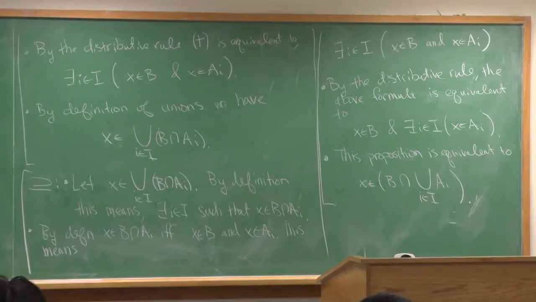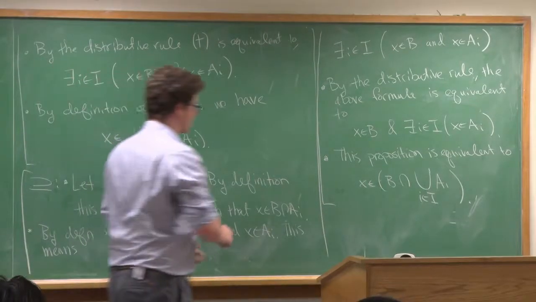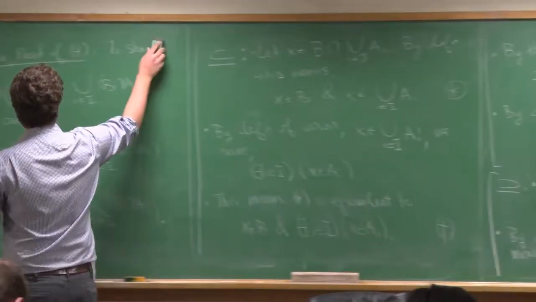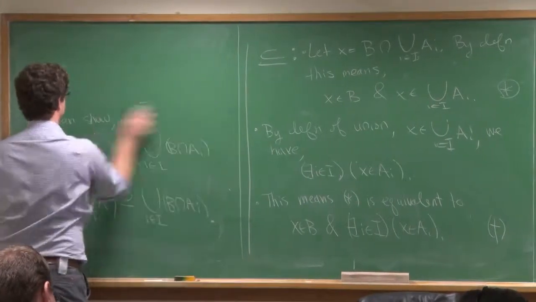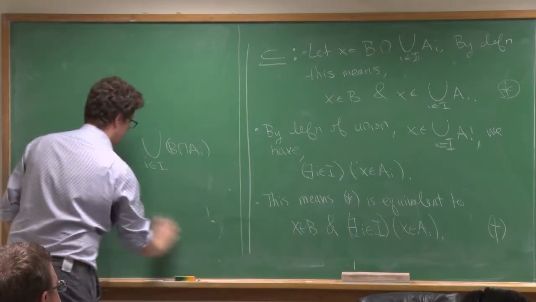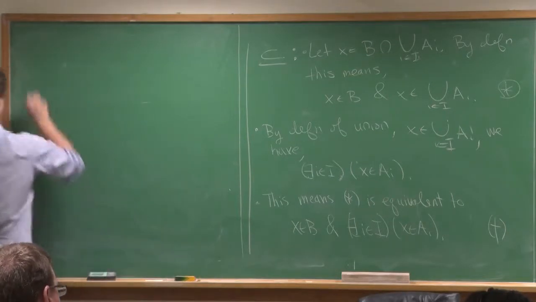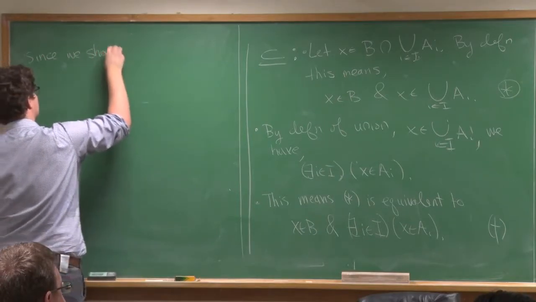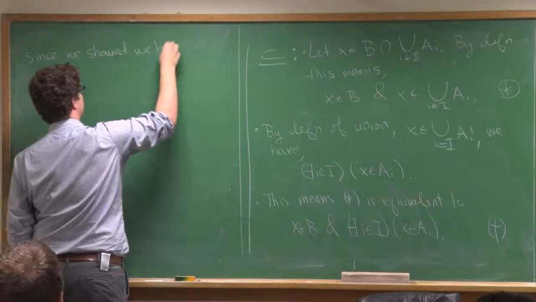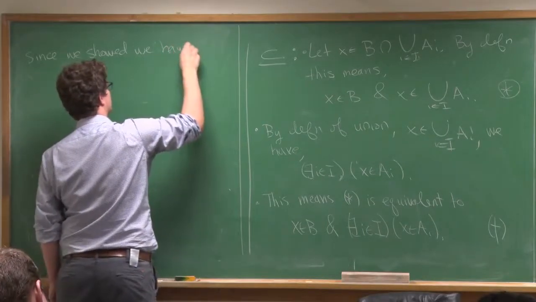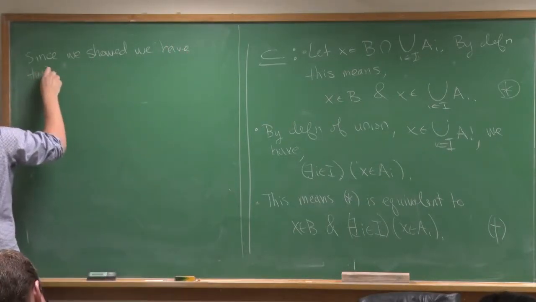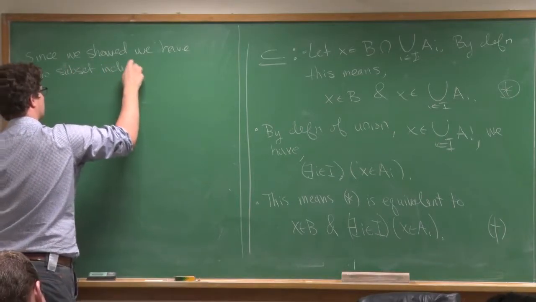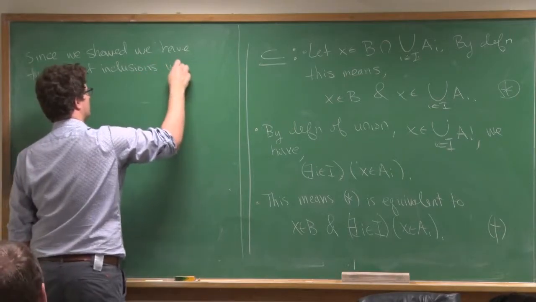Cool? Okay? So I guess we could end the proof by saying something like, since we showed we have two subset inclusions, we are done.